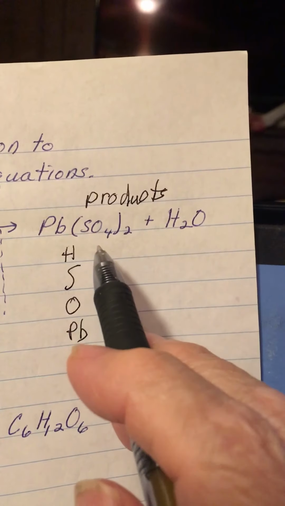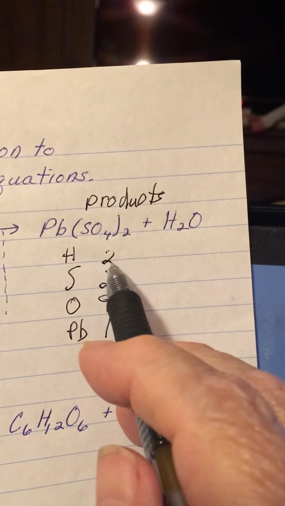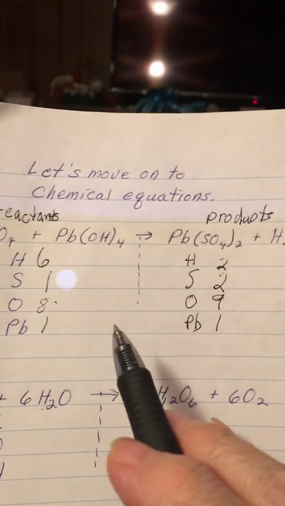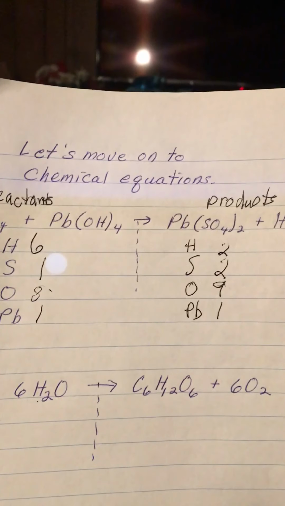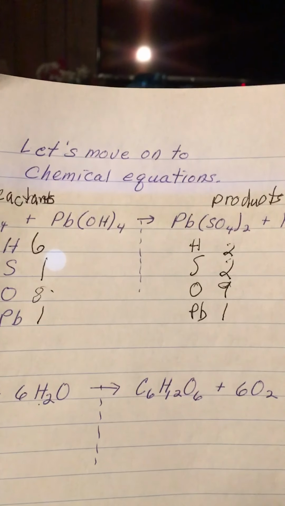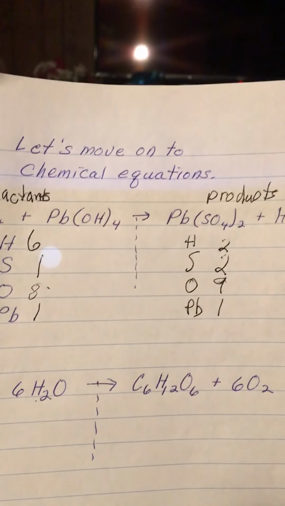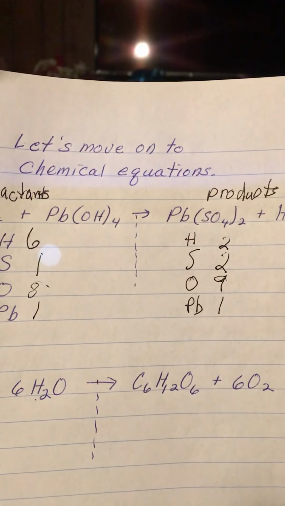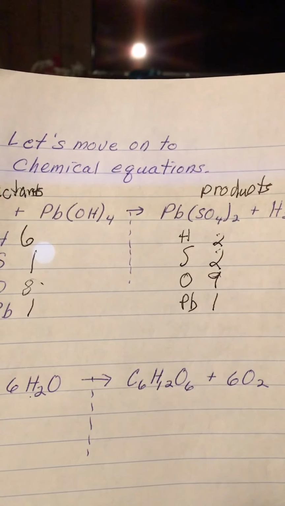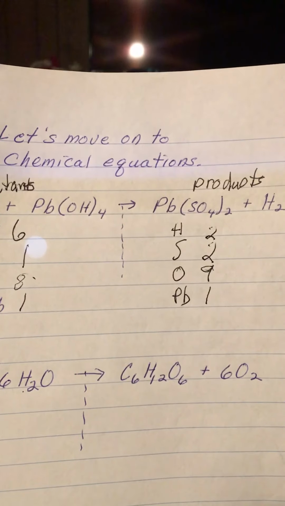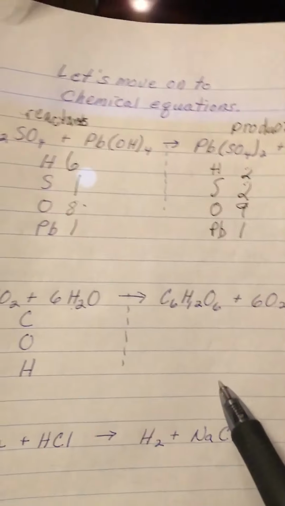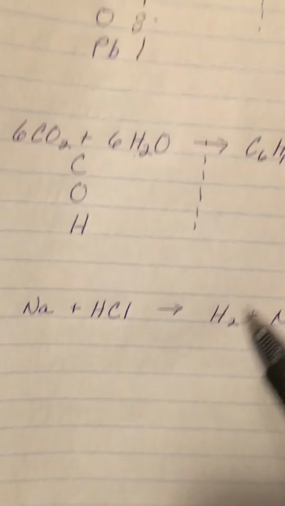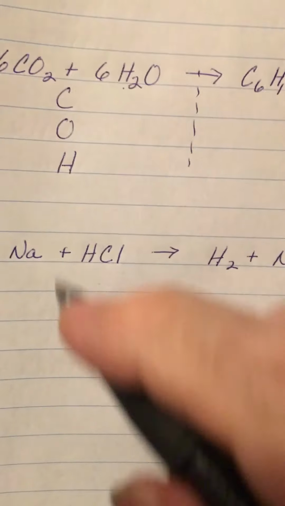And we have 2 hydrogen. Notice there isn't the same amount on both sides of the equation. It's because it's not balanced yet, and we're not going to balance it today. But those numbers that you see in front of formulas, like the 6 down here, are what balances the equation. So let's look at this bottom one before we come back to this one.